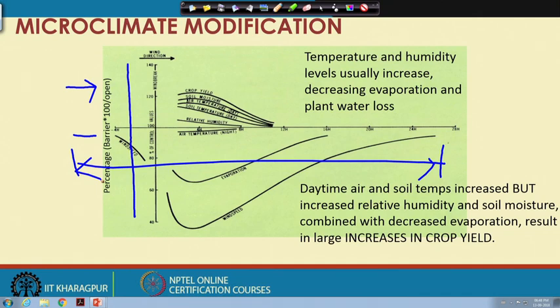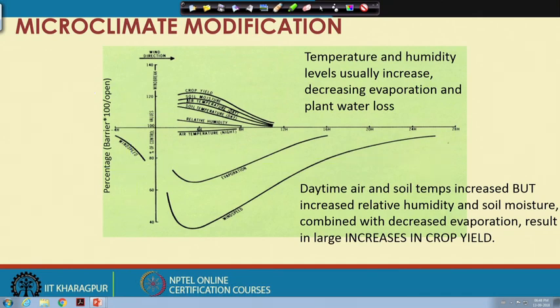What we can see here is a high amount of temperature and humidity because of placing this windbreak, and there is a reduction in evaporation. So, we can conserve more moisture here and plant water loss is also less.